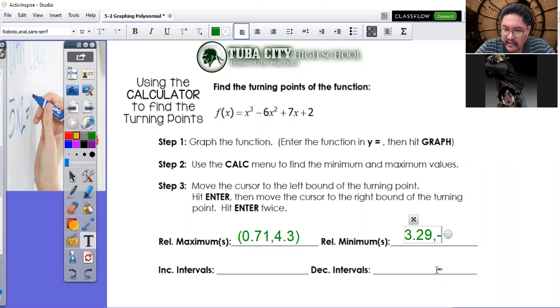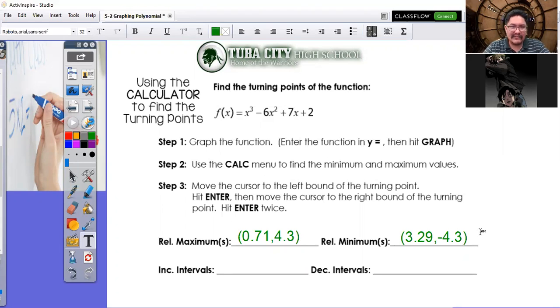I made the text a little bit smaller, but that doesn't help out a whole lot. So in this case here, I got my relative maximums and relative minimums. Now we have to pick the increasing intervals and the decreasing intervals.